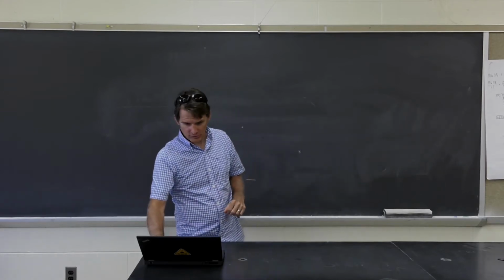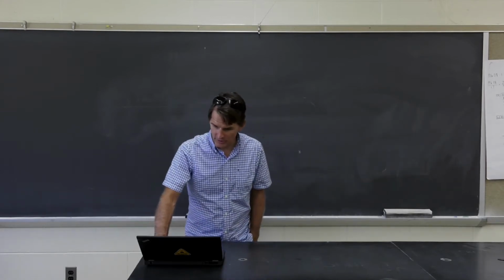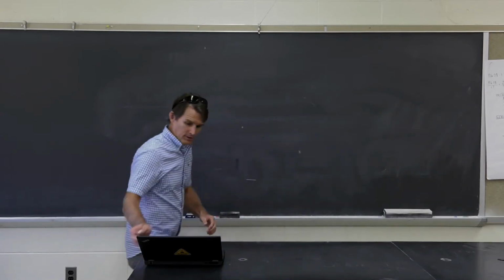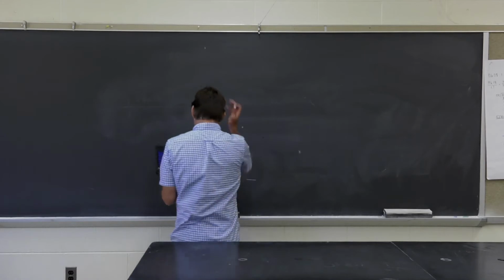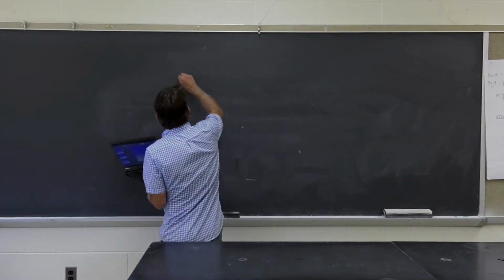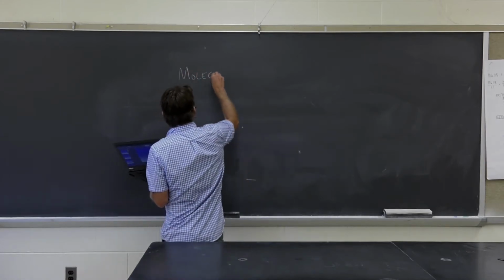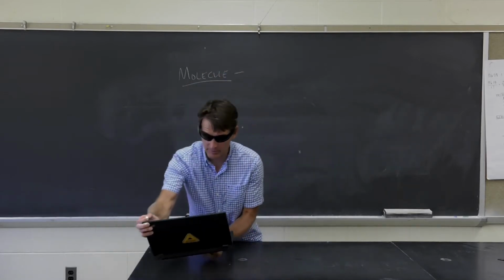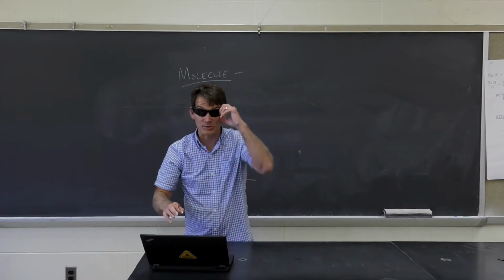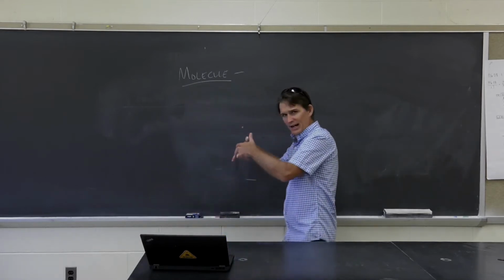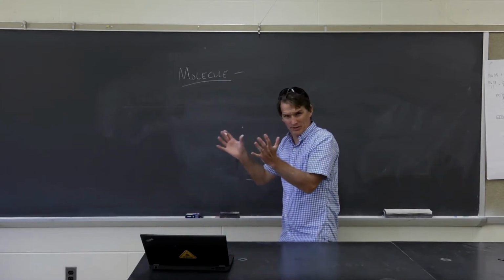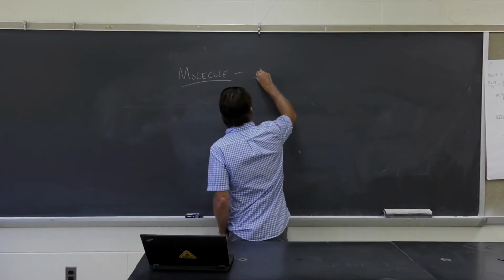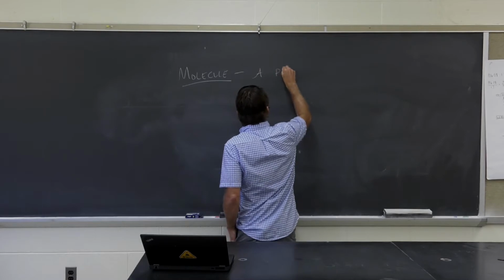So first, let's go to slide 2. We're going to define a molecule. I'm going to write this right here on the board. So a molecule. You already have a specific definition, so I'm just going to define it here the way I think about it. A molecule is a packet.